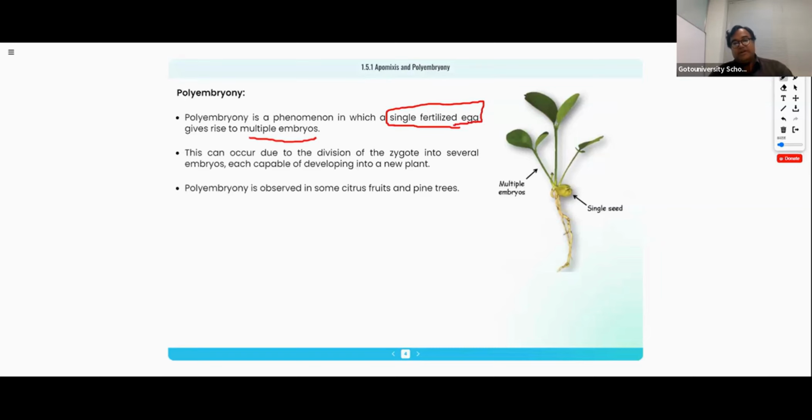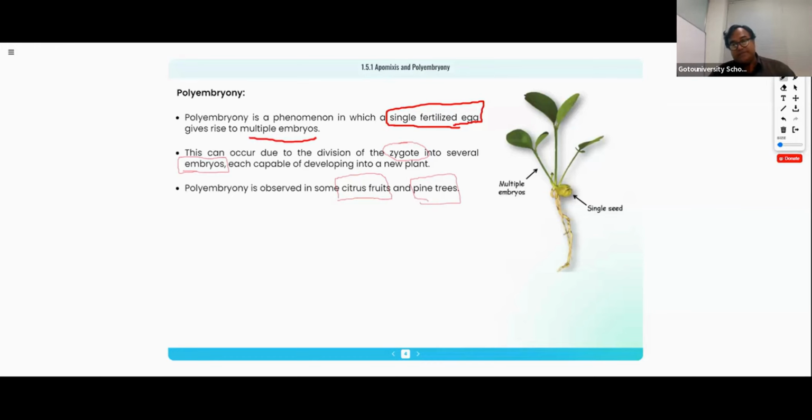We need to know that zygote division is very important for embryo formation. The embryo formation from the zygote is because of multiple divisions. Polyembryony is observed in citrus fruits, very good examples are lemon, orange, etc., and in pine tree.